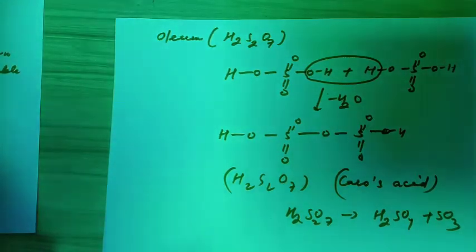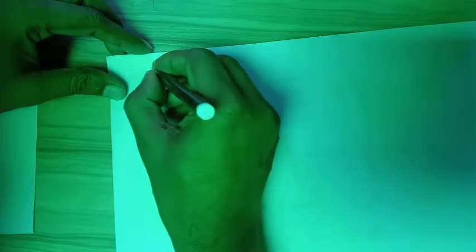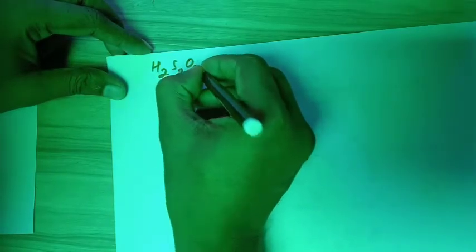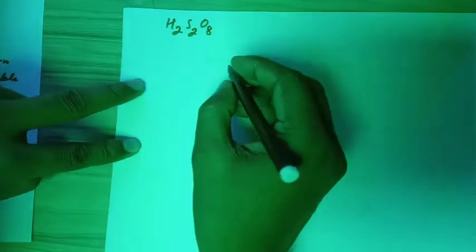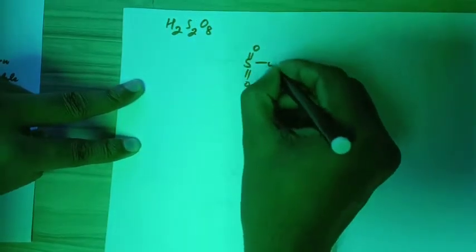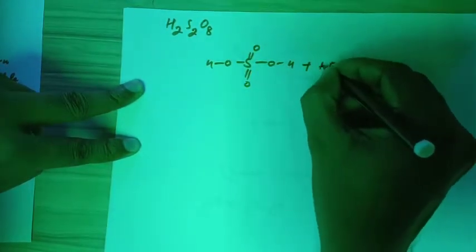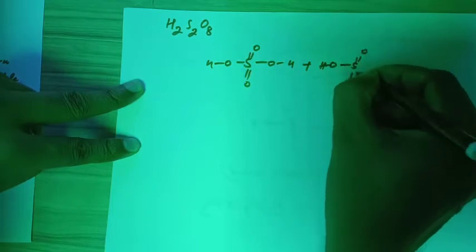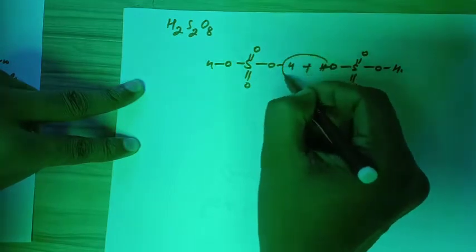Now another compound of sulfur is H2S2O8, that is Marshall's acid. Now for this we have to take two basic sulfuric acids. So HO, S double bond O, take the same compound, now take out hydrogen from here.